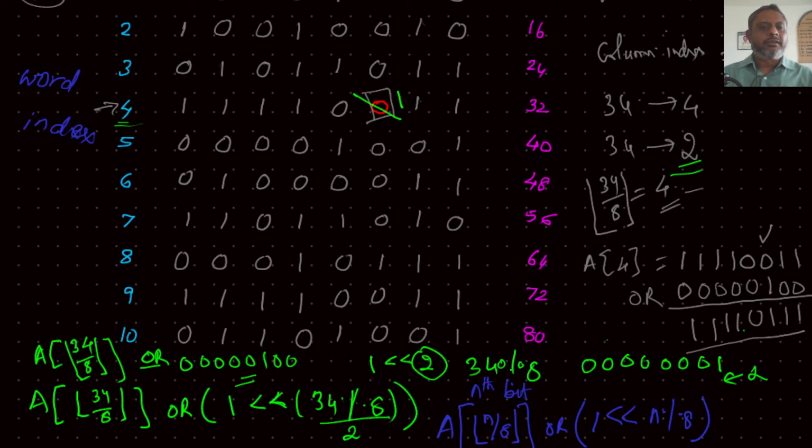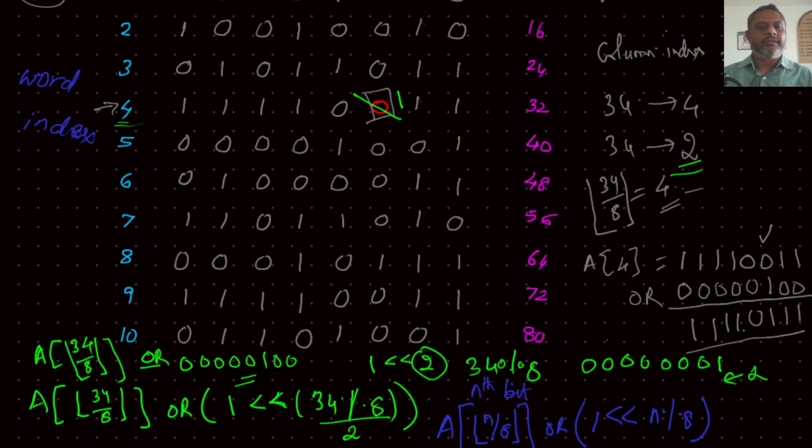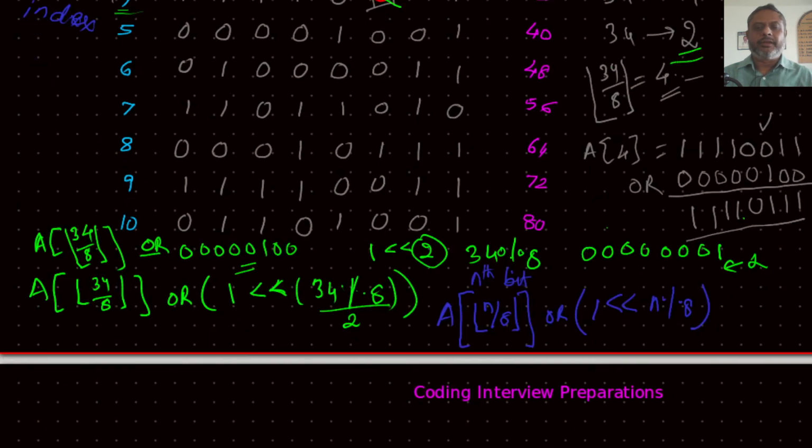Now this is working for 8-bit word size. So today we have 32-bit word size, 64-bit word size memories available. If that is the case, then it can be any word size.